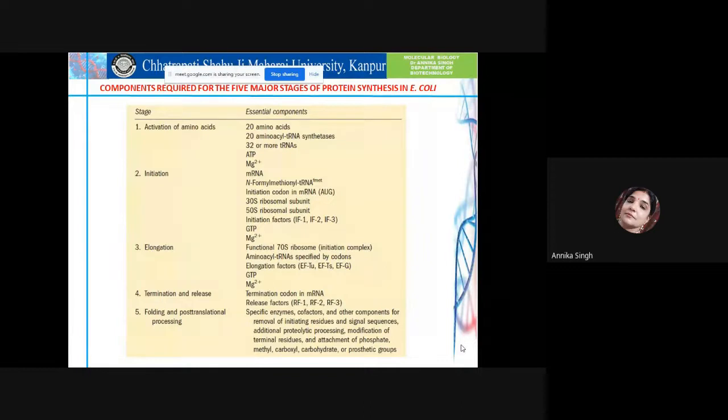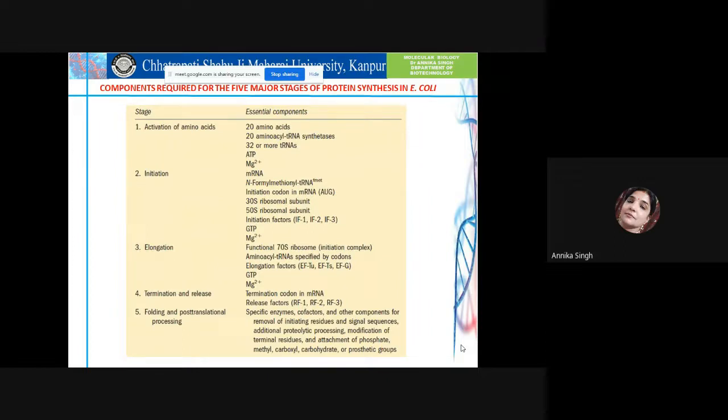These amino acyl transfer RNA synthetases are the enzymes required for the activation of amino acids and transfer of the amino acid onto a particular transfer RNA.